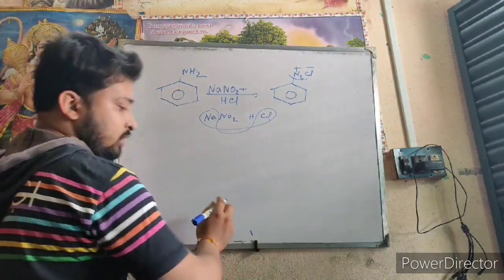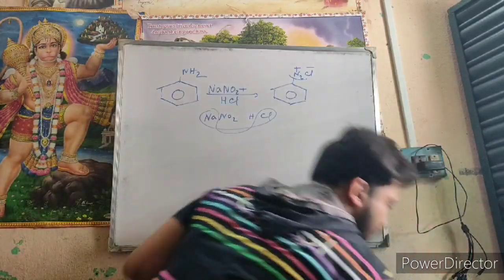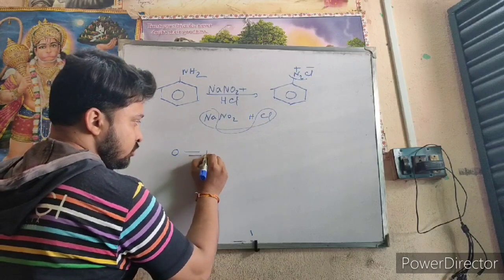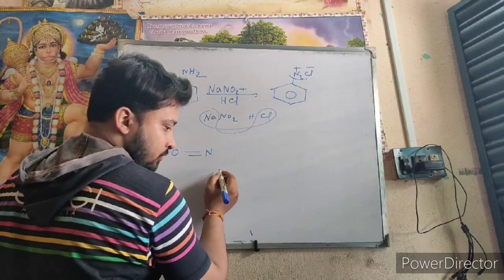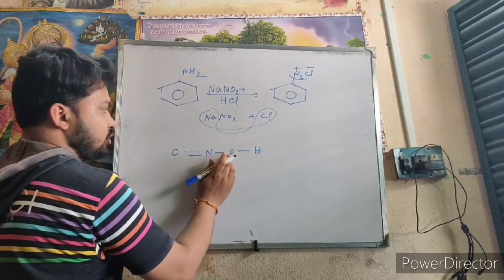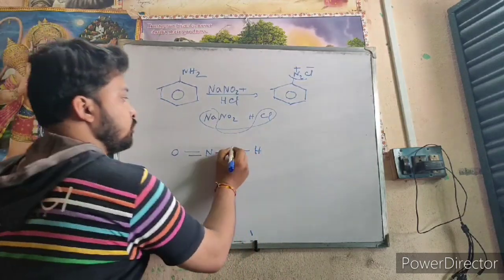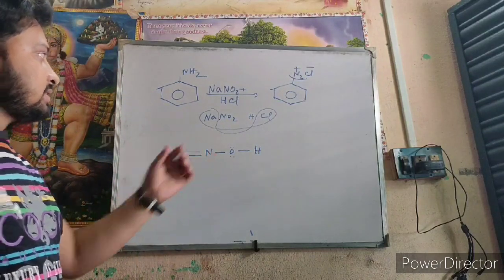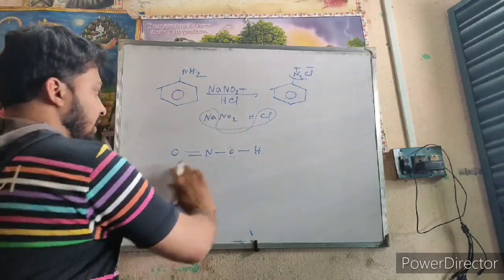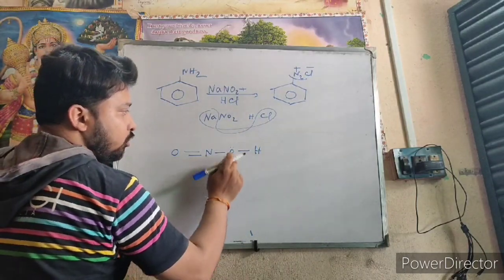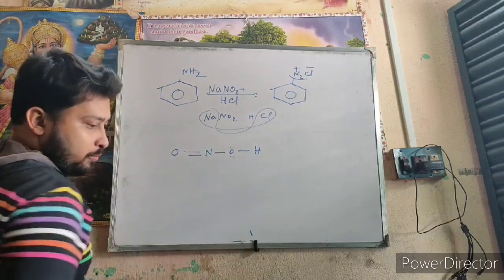Now the mechanism. First we get NO and OH. This is HNO2, and oxygen has a lone pair. We write it as O double bond N, single bond O, H, and O has a lone pair.